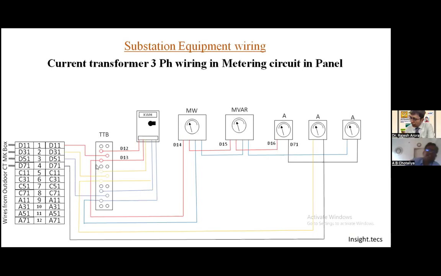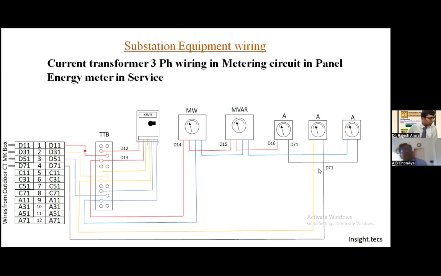So the CT connections for 3 phase are like this, and the CT is continuously connected from phase to neutral with connection to each and every equipment. The current flow will be like this. Here the TTB is the test terminal block for the kWh meter. So you can bypass the kWh meter for testing purposes.